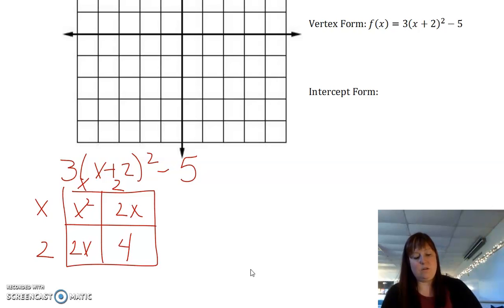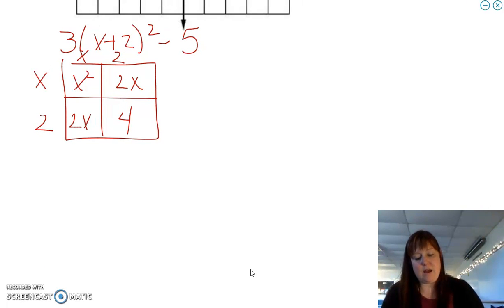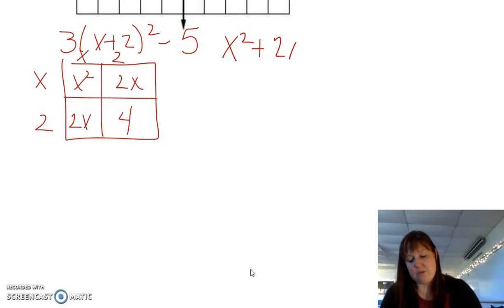So here I have x squared plus 4x plus 4.